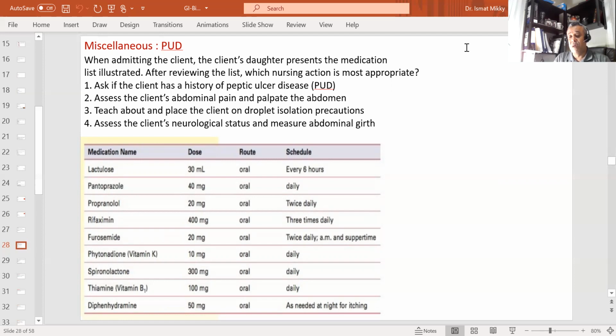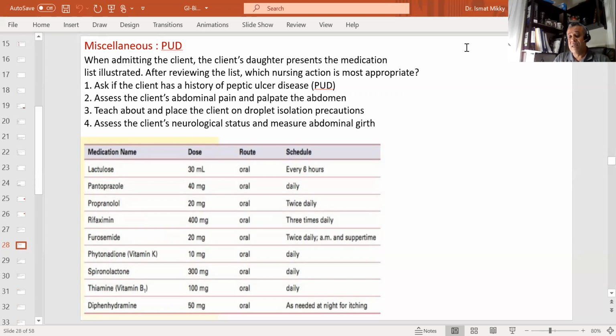In addition, lactulose, a laxative, also reduces the ammonia, because the liver is unable to convert the ammonia to a less toxic form. These two medications are used for treating hepatic encephalopathy.